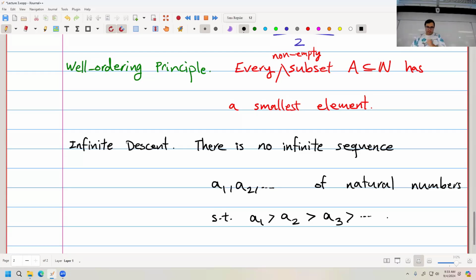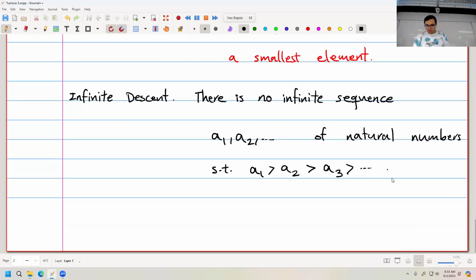To be more specific, such that for every i, A_i is bigger than A_(i+1).